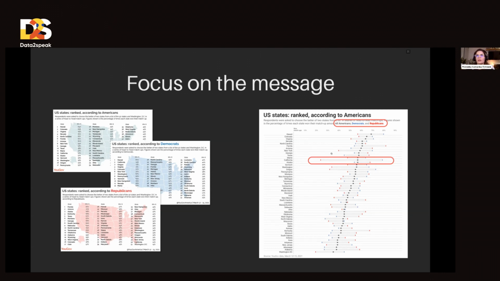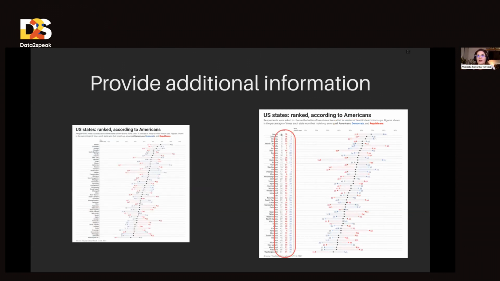So we just added this here, so we know the overall rank of the state, and we also know the rank within each group, right? So we know that among Republicans, the best place to live is Florida, right? Even though in the overall rank it is in 6th place. So that would be the next step.